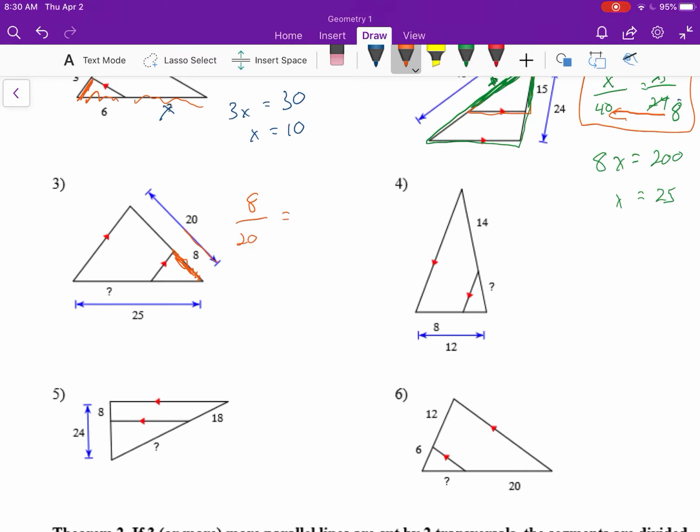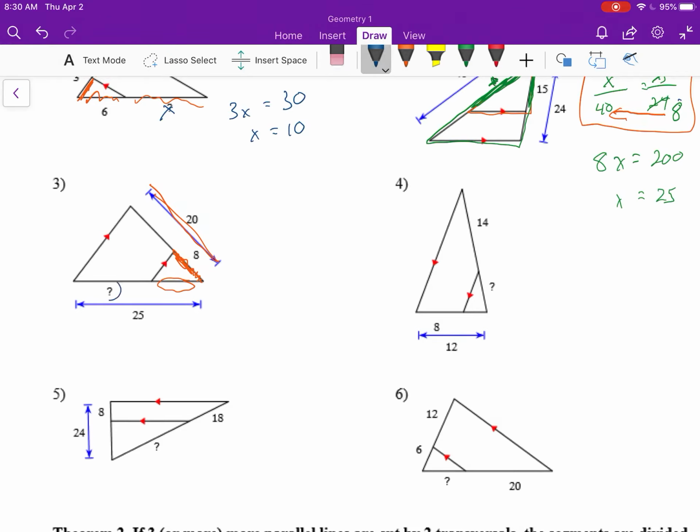So 8 over the whole thing, 20, short segment compared to long segment, equals, well, what would go with 8 on this bottom side would be this right here, which we don't know, over 25. So that's not working out very well. We could continue to go this way and figure it out, but there might be a better way to do this.